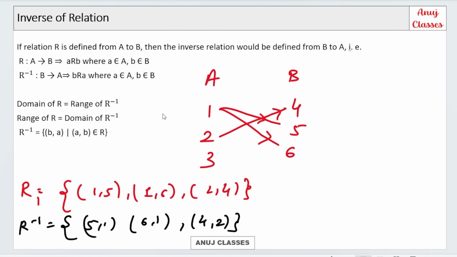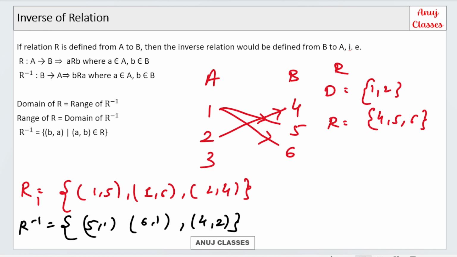Now interestingly, if you see, in the first case for R, the domain is 1, 2, and the range is 4, 5, 6 all.